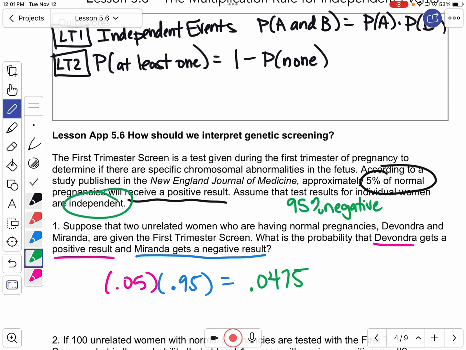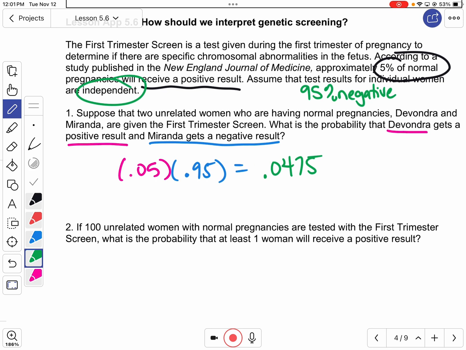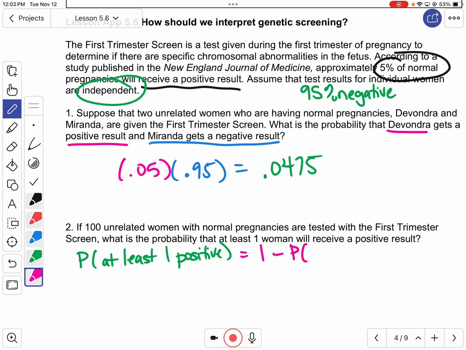Okay, now let's look at this next one. This is where it gets interesting. It says, if 100 unrelated women with normal pregnancies are tested with the first trimester screen, what's the probability that at least one woman will receive a positive? So what they want me to find is the probability of at least one positive. To do that, I've got to do 1 minus the probability of no positives, right?